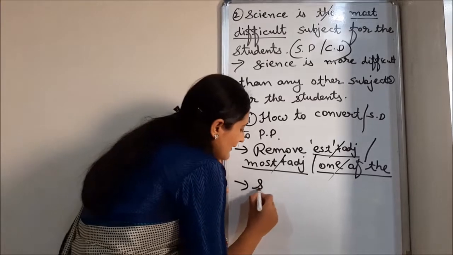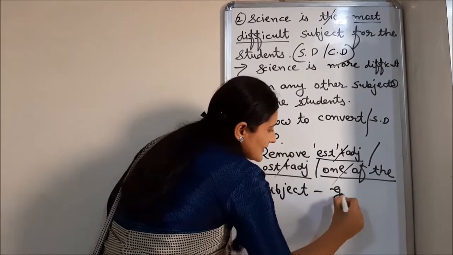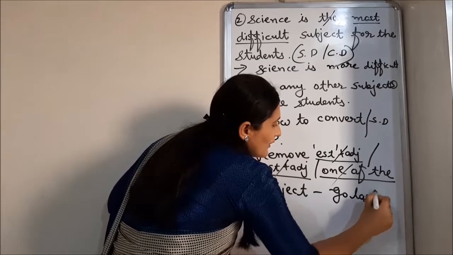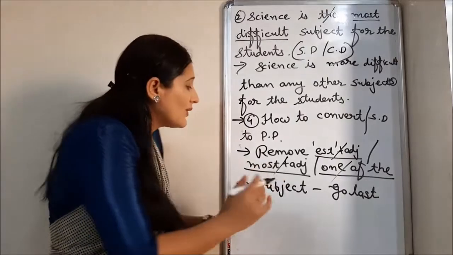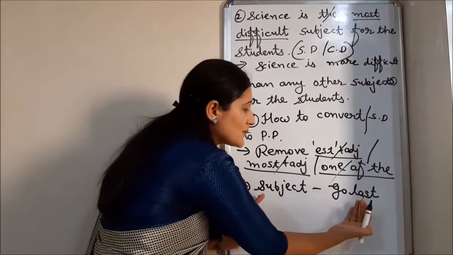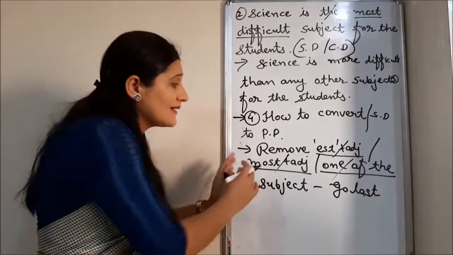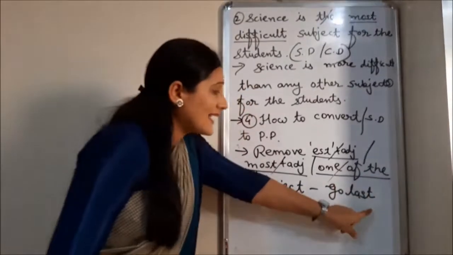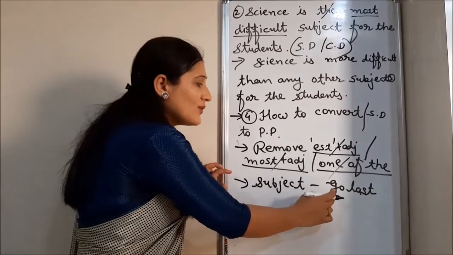Second, here subject will go last. See, like comparative and positive, here also we need to exchange the subject, but the main subject that is given first, that will go last, and the last subject will go first. So in short, subject will go last.